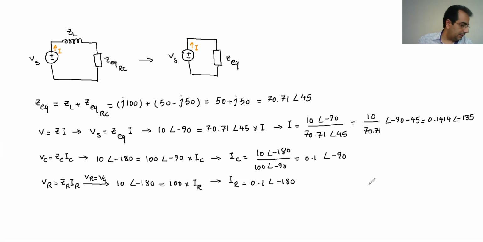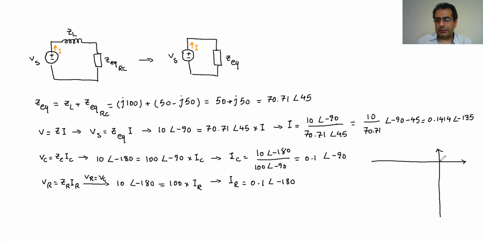Again, we can go ahead and draw the phasor diagram just to show how the phasors behave. So again, I draw the I first. So the I has this value with angle of negative 135.